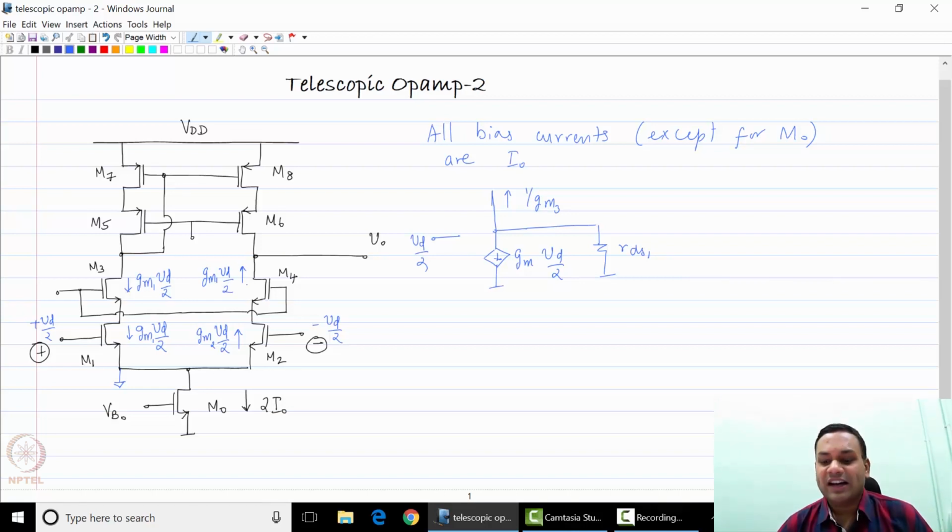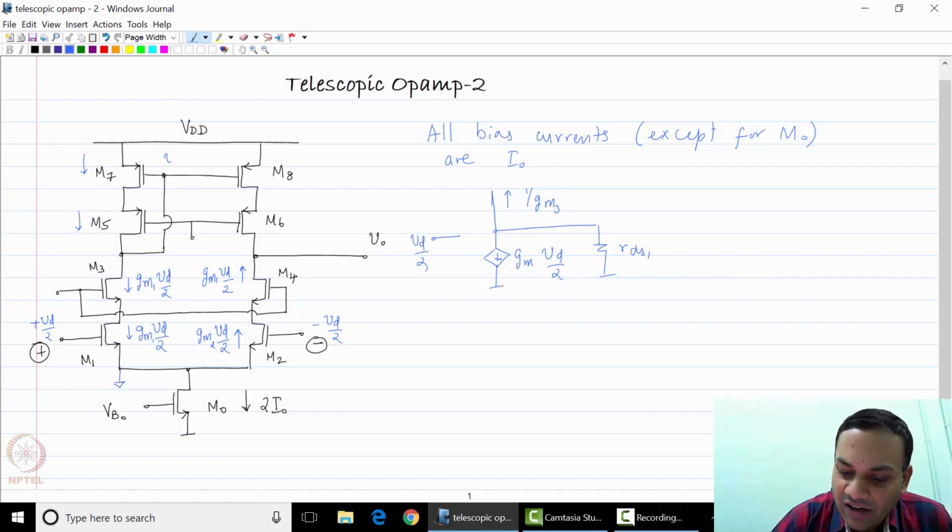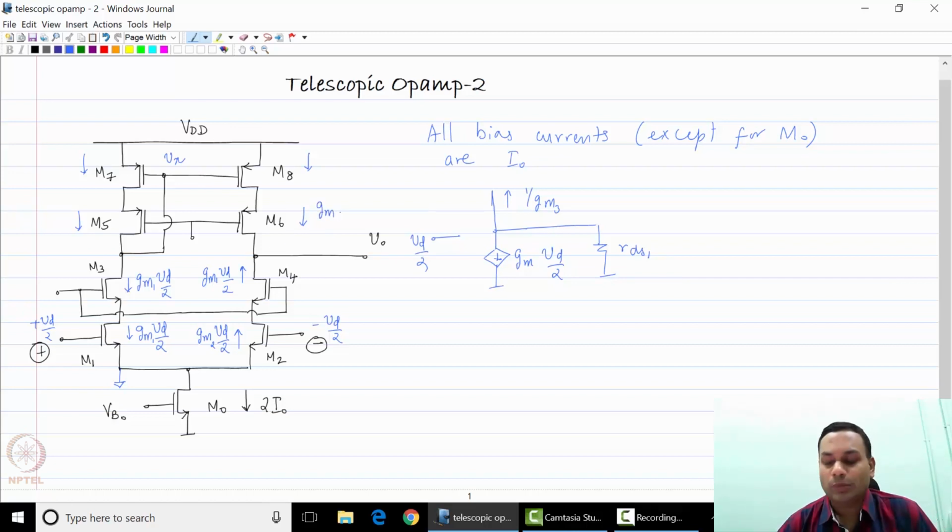Now what happens to the current through the left side? The current flowing through the left side flows through M7 and M5. So both those currents are also Gm1 Vd by 2 flowing downwards. Now this will generate a small signal voltage Vx at this node, and that will cause a small signal current to flow through M8, and again that current flows through M6 and finally into the output node.